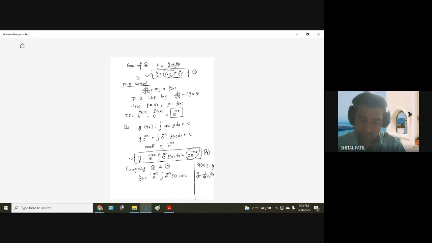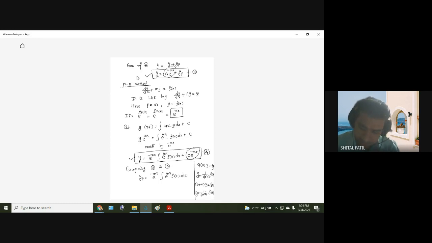For the given differential equation, d plus m y equal to f of x, y of p will be 1 upon d plus m operated on f of x.